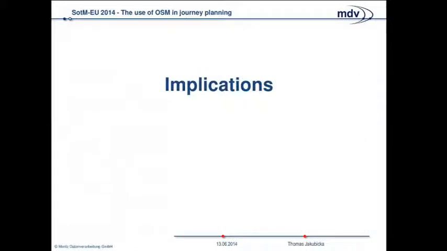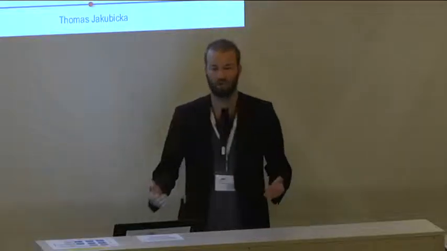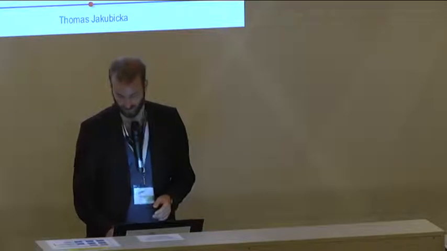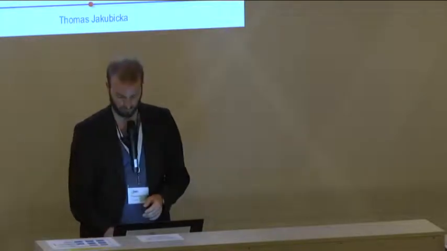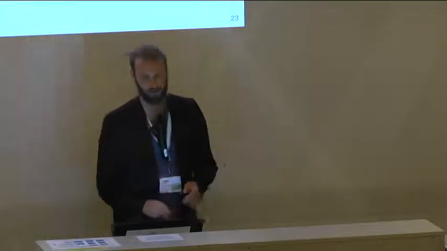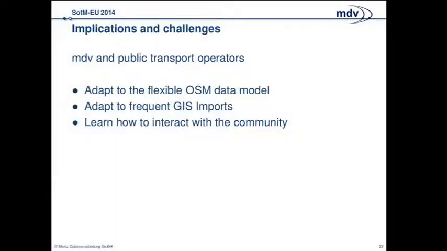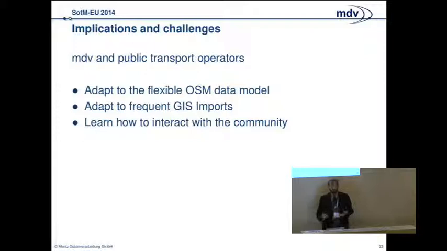So what implications will this use of OpenStreetMap data by public transport providers have? I just tried to identify some of them. I mean, on the one hand, the operators will have to adapt to this flexible OpenStreetMap data model, which is a big challenge because until now the data was very regulated and very standardized.